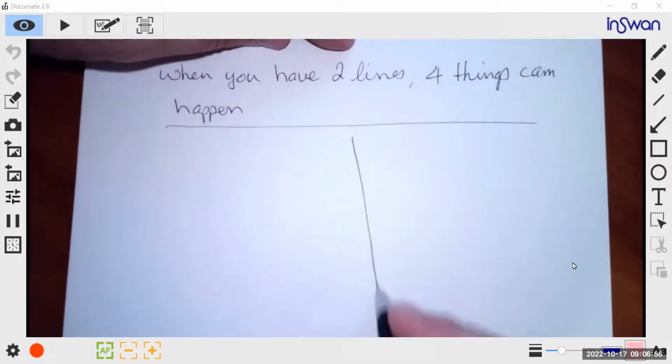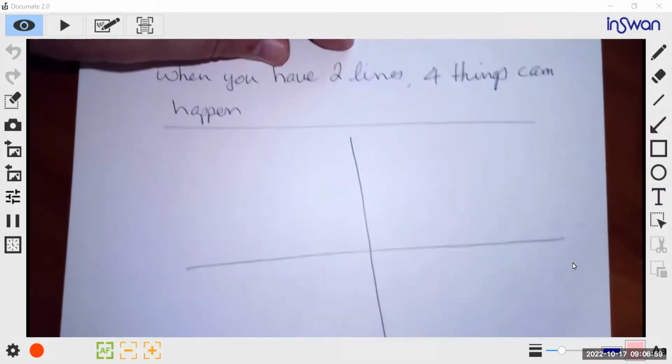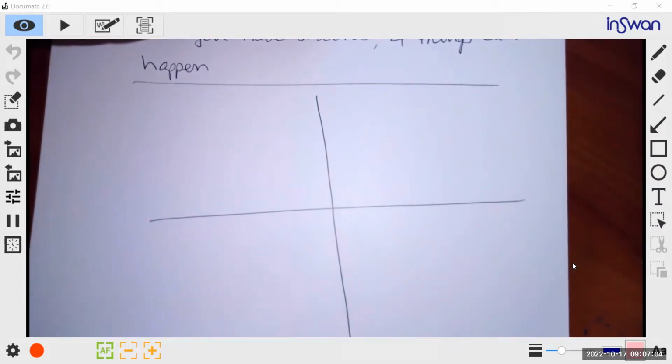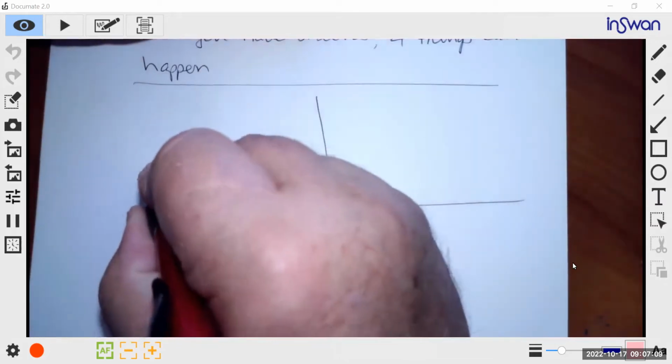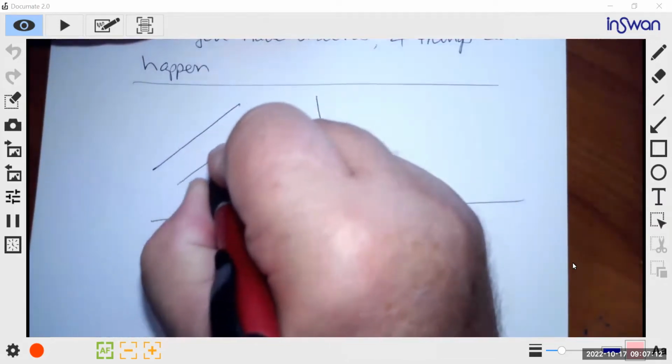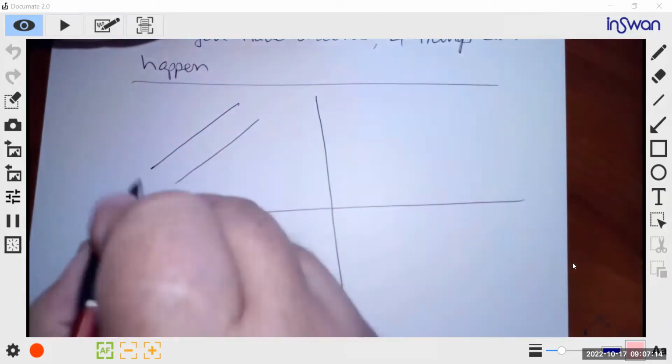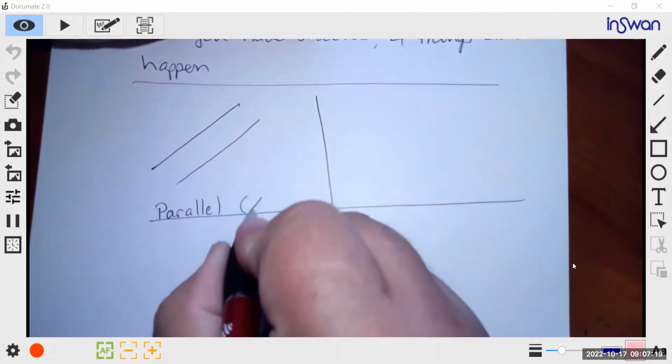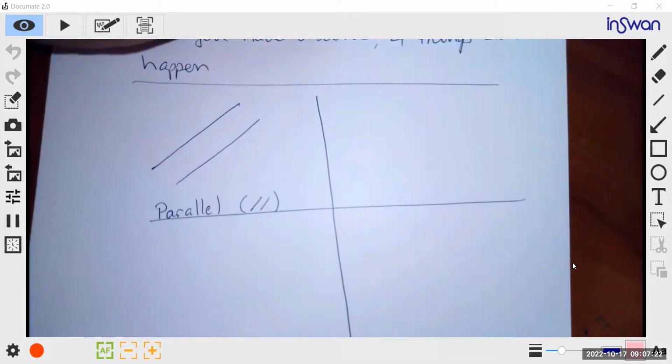And here are those four things. The two lines can be what we call parallel. The symbol is that. Two lines never touch. That's one thing that can happen.